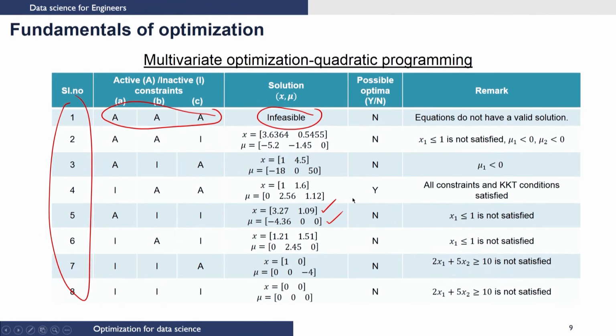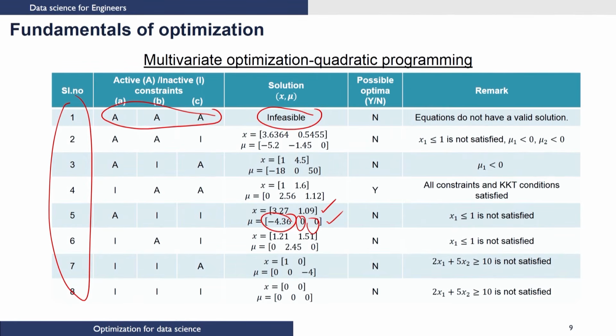Now, if you just look at this solution, you will say it seems to satisfy everything, because I have a solution for x1 and x2, and I have mu 1, mu 2, mu 3, where mu 1 is minus 4.36 and mu 2 and mu 3 are 0.